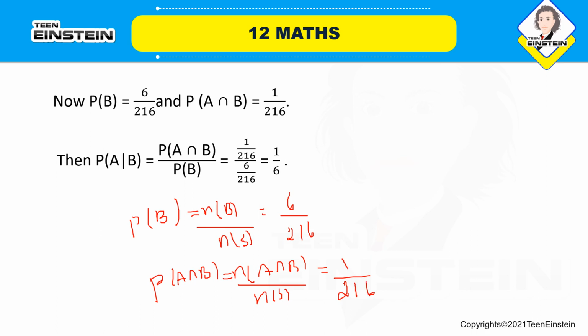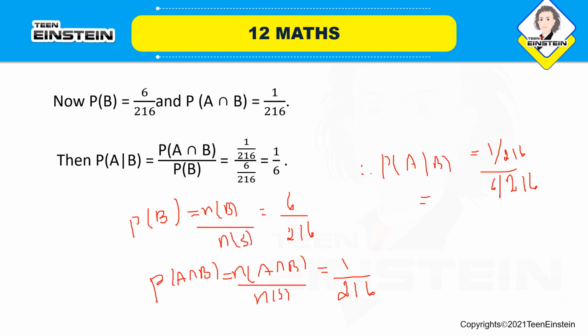Now find P of A given B. Therefore, P of A given B is what? This is P of A intersection B divided by P of B. What is the value of P of A intersection B? What we have calculated? 1 by 216. So this is 1 by 216 divided by 6 by 216.